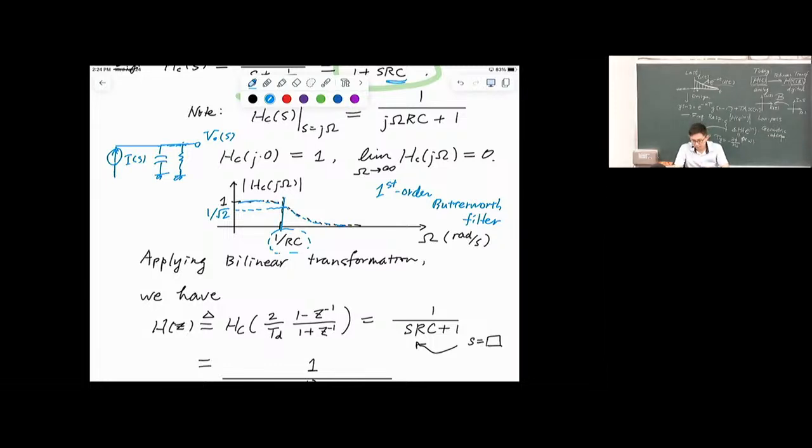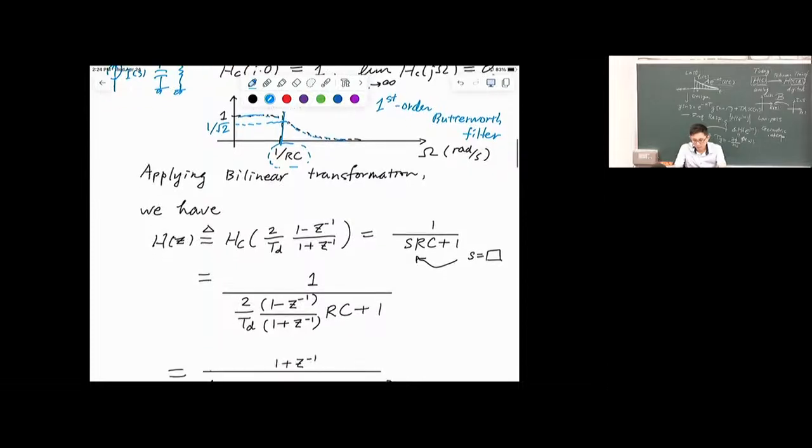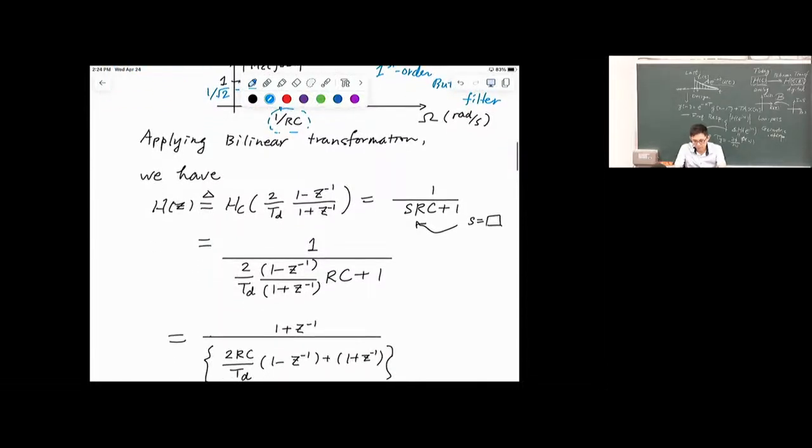So this is a low-pass analog prototype that we want to borrow, but the way we borrow it is pretty simple. Now we apply bilinear transformation by replacing S with this expression.